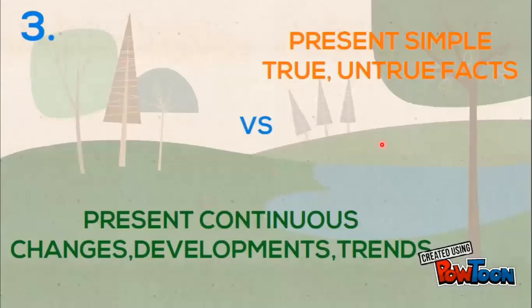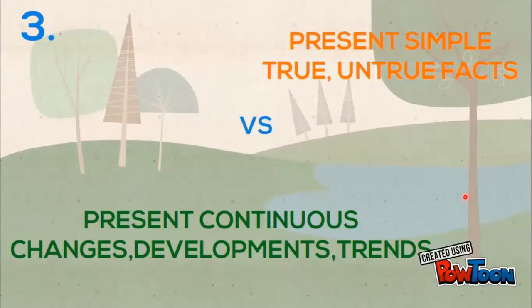Next, we have another fight. We have present simple for true or untrue facts. Remember that facts are situations that you can prove or you cannot prove. If they are things that you can't change, like in winter it rains, for example, that's a true fact. Versus present continuous with changes, developments, or trends.